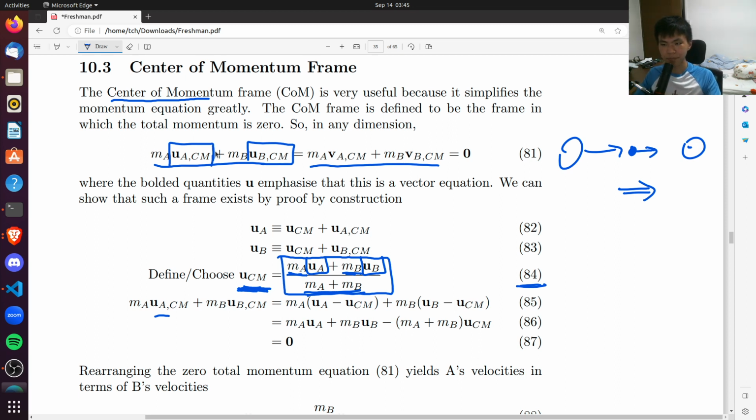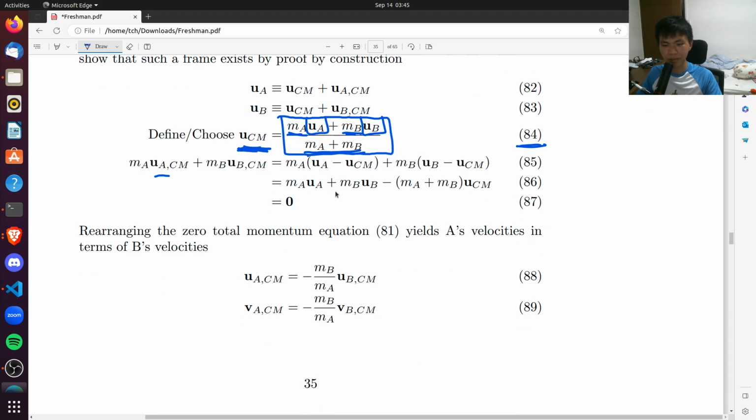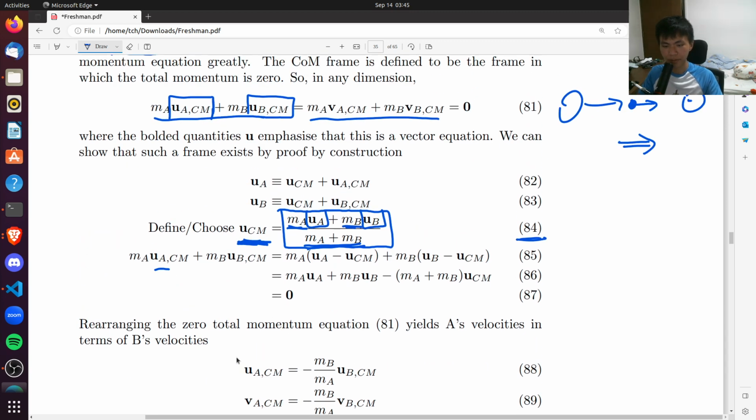Because if MAUA plus MBUB sum up to 0, then you rearrange it, you can get that UA is a ratio times UB.